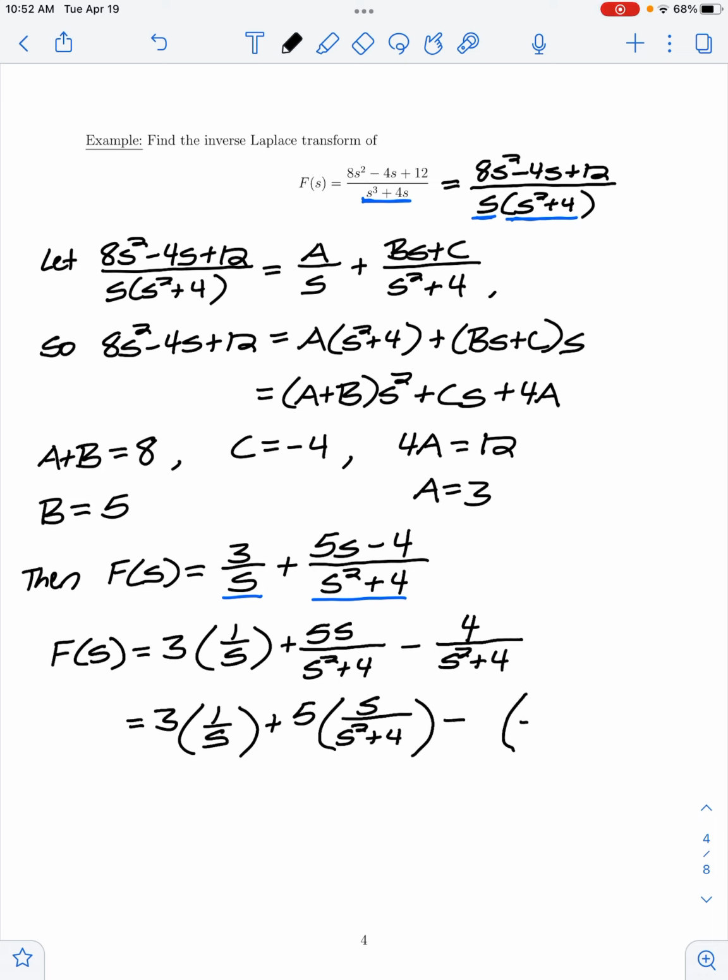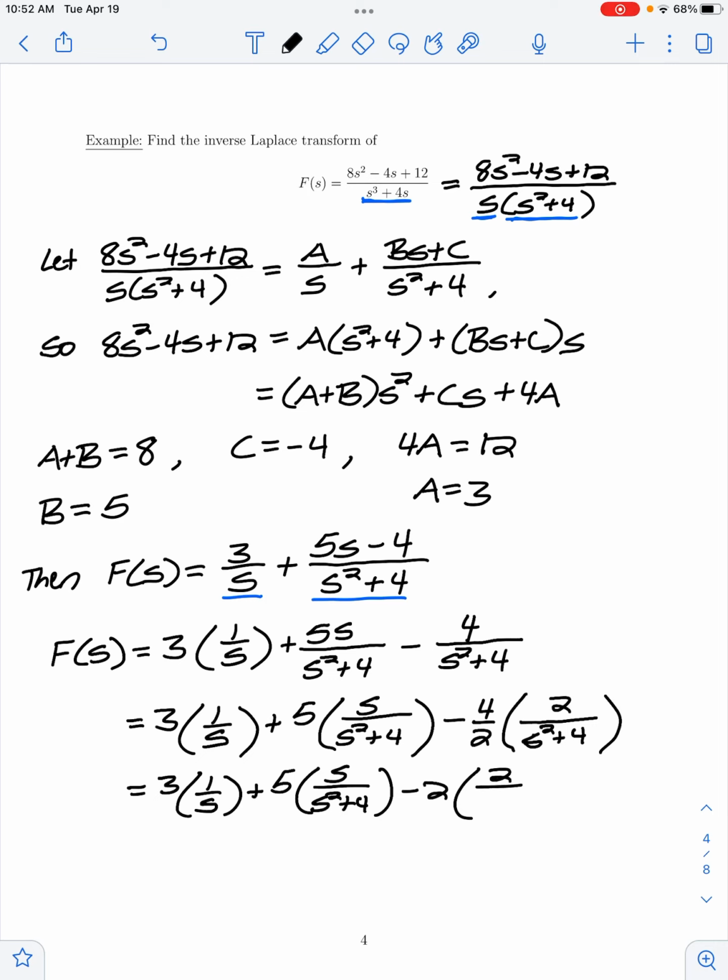And then minus, for the last term, my denominator is s squared plus 2 squared, so I want my numerator to be a, the value that was being squared, in this case 2. To make that numerator 2, I can take the numerator that I had, 4, and multiply and divide through by 2. So I have 3 times 1 over s plus 5 times s over s squared plus 4 minus 2 times 2 over s squared plus 4.